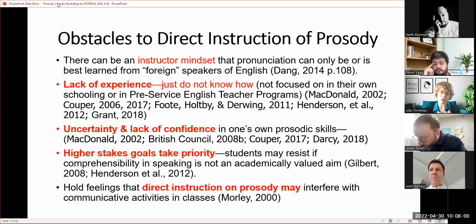In a previous university I was working at, we were trying to develop a blanketing fluency program so that all the students in our program would have the opportunity to have a focus on prosody in their fluency classes, in their English instruction.